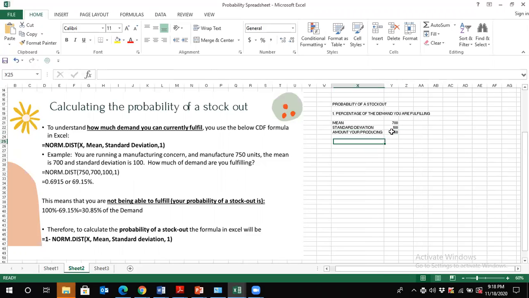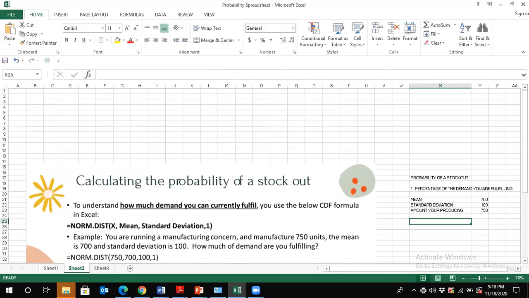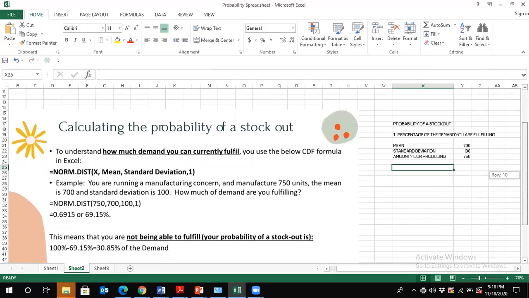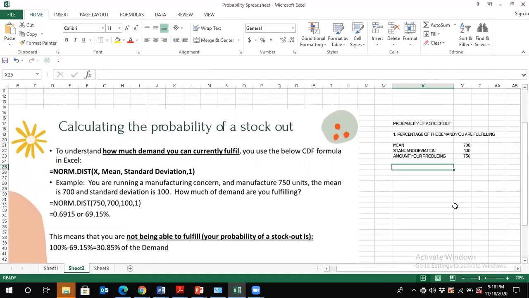Now, in order to calculate the percent of the demand that you are currently fulfilling, this is what you are going to do. I'm going to make this just a little bit bigger so that you can see everything that I am doing very clearly. So I am going to press plus. I could also press equal.